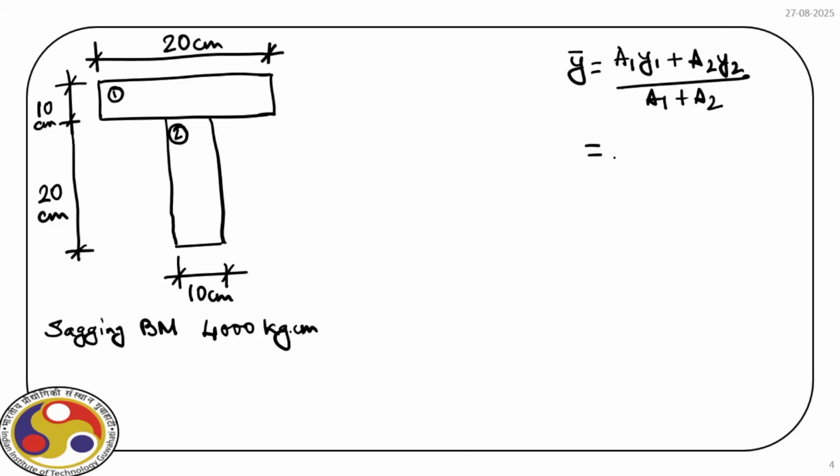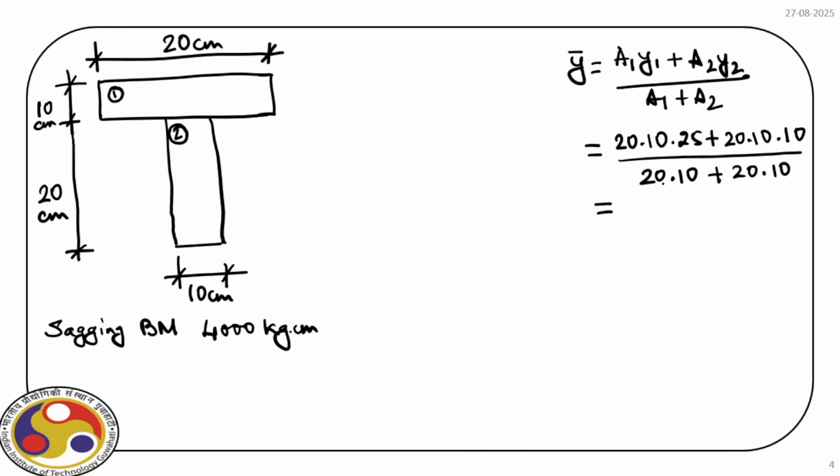And if we put the values of A1, so we have 20 times 10 times we have 20 plus half of the flange, that is 5, so it is 25, plus again for A2 we have 20 into 10, and the location of the CG for the second segment is at 10 centimeter from the base, divided by the area, which is 20 times 10 plus again 20 times 10.